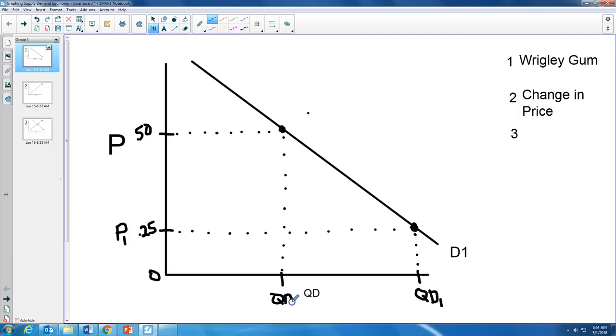And all we're going to do then is check it with the law of demand to see if this makes sense. So when the price goes from 25 cents to 50 cents, price went up. The quantity demanded went from quantity demanded 1 back towards quantity demanded 2, back towards 0, so it's getting smaller. So quantity demanded decreased when price increased. And that's what we see in the law of demand as well. Or you could say we went from quantity demanded 1 back up here to quantity demanded 2 at this point.